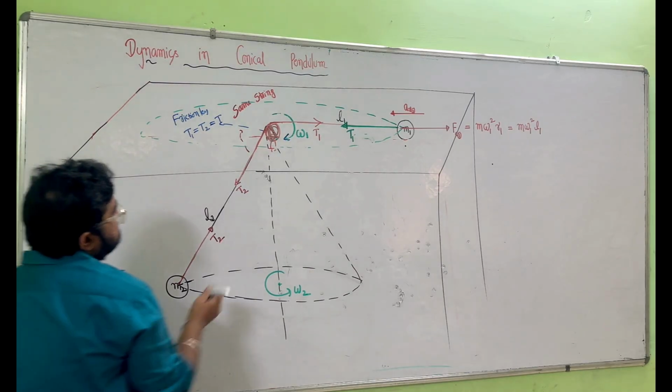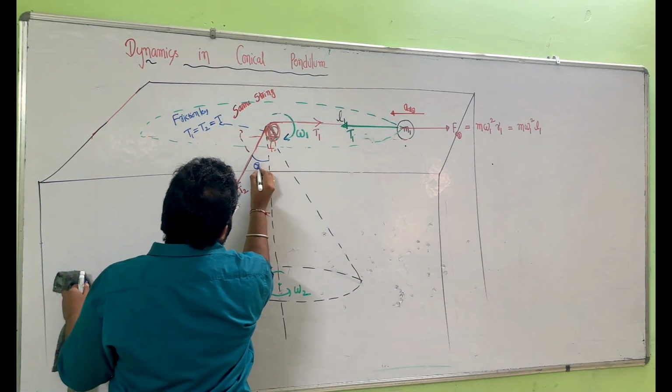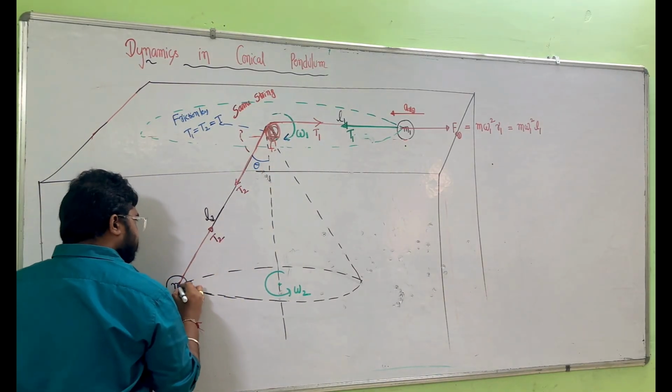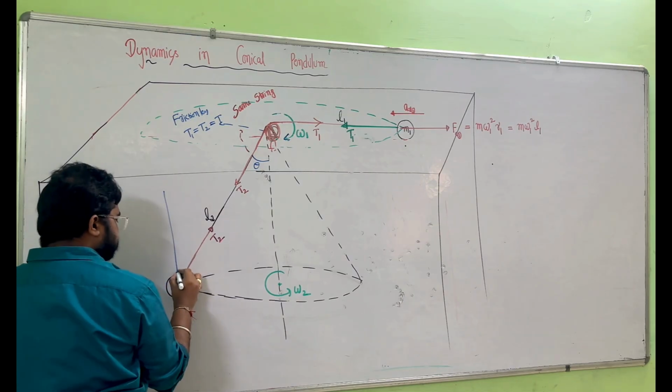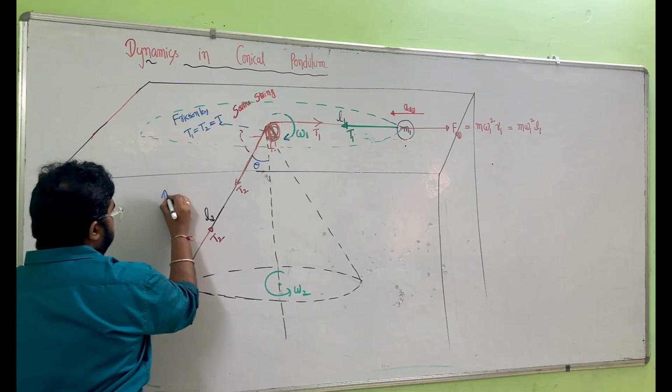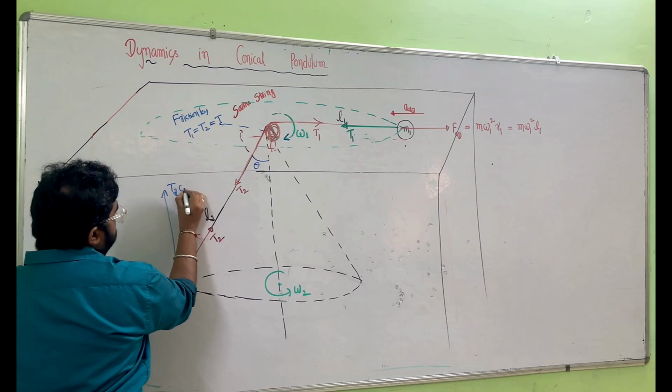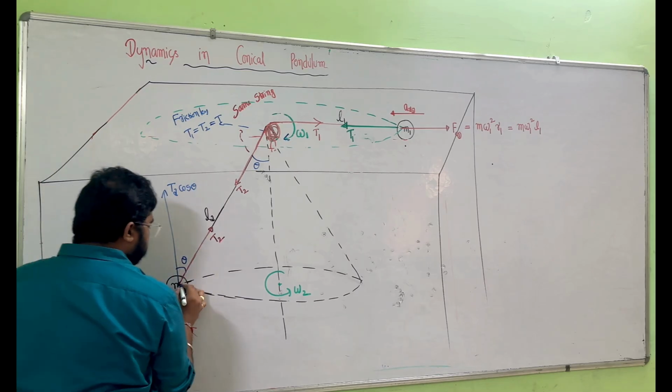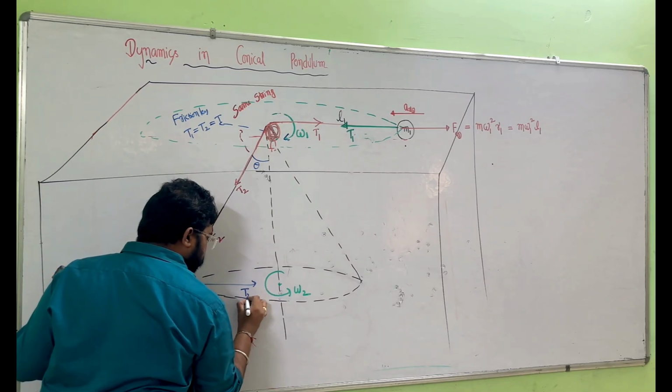So if the angle is theta, then tension is how much? This is theta: T2 cos theta and T2 sin theta.